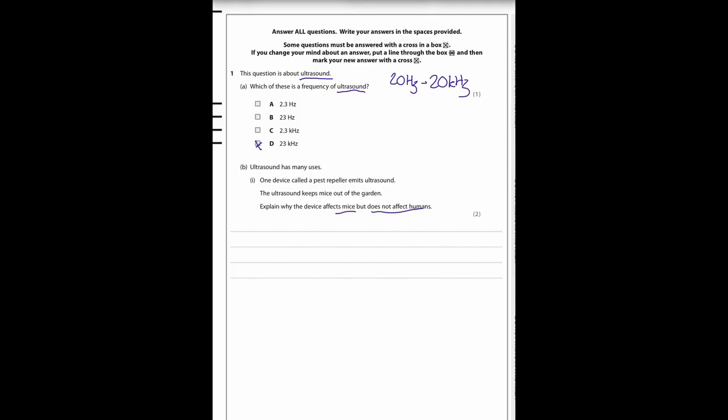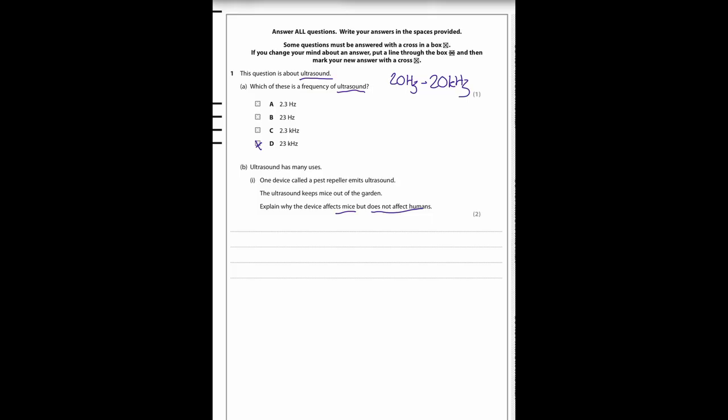What's the content that the examiner wants me to say in this answer? The fact that it's telling me it doesn't affect humans, well, from what I predicted earlier, I know that human hearing range is only between 20 hertz and 20 kilohertz. So if it doesn't affect humans, it can't be in that range. If it says ultrasound, it must be above 20,000 hertz.